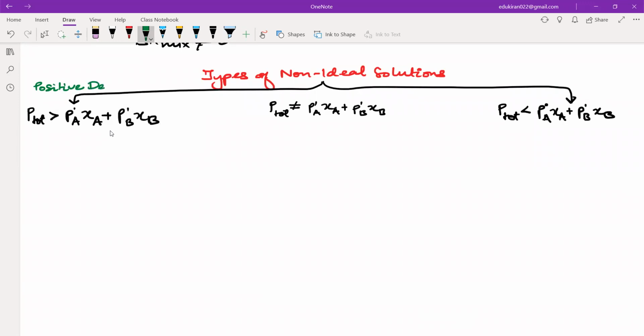This is positive deviation. And when you have P total which is less than P naught A chi A plus P naught B chi B, this is known as negative deviation.